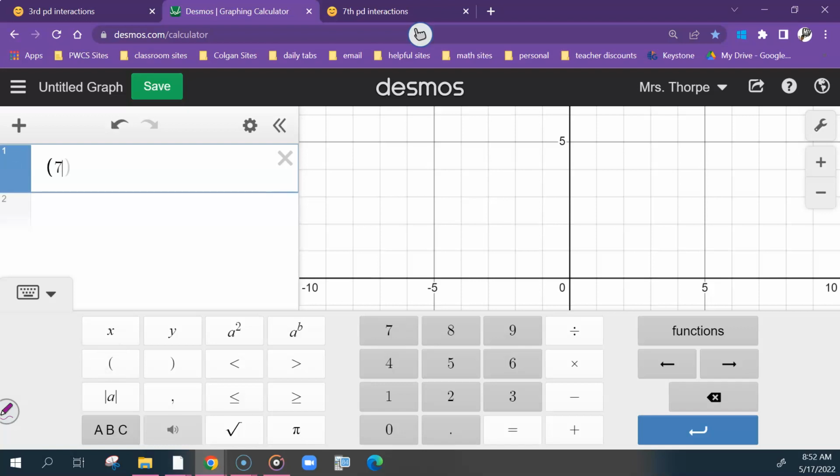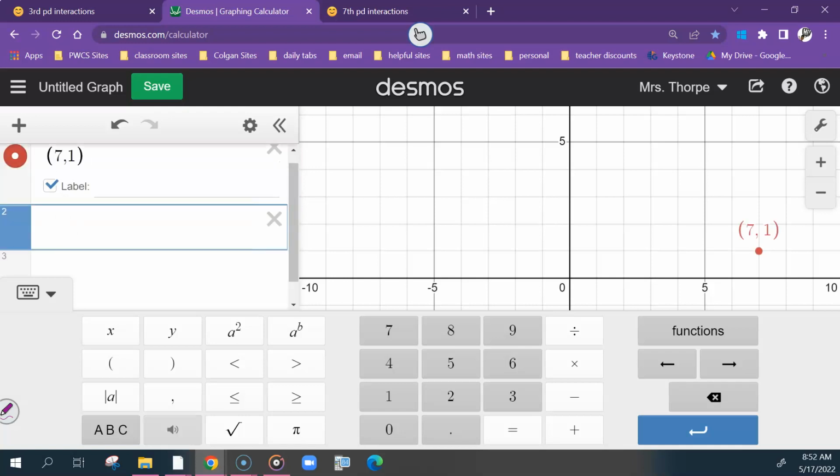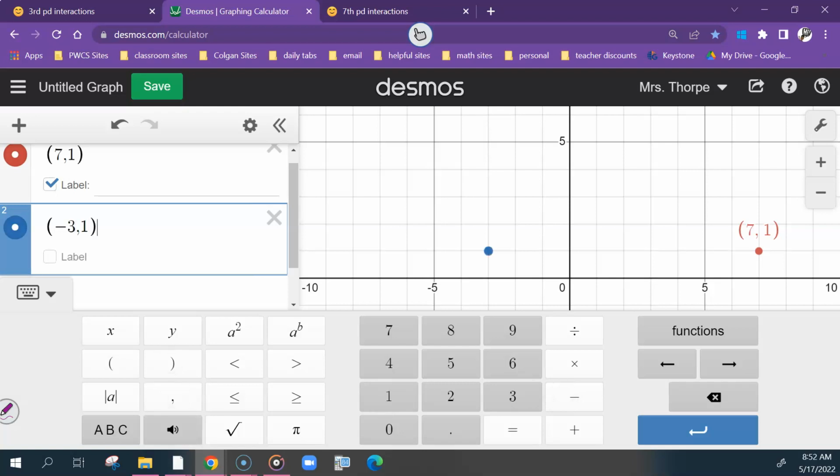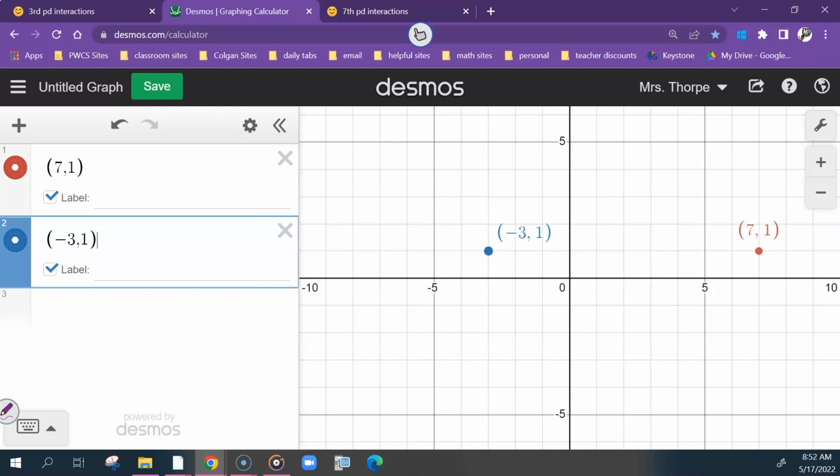And negative 3, 1. And you can see that these fall on the same horizontal line. So it has to be a y equals, and you would say your y value is 1 here, so your equation would be y equals 1. On the answer key, if you looked at that, it says 10. That was a typo.